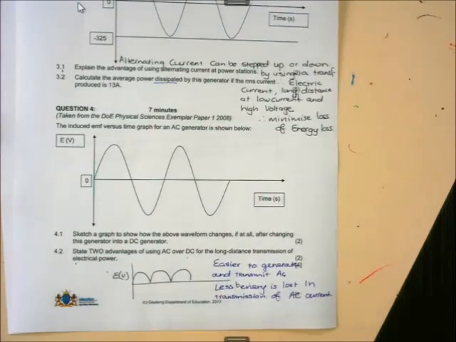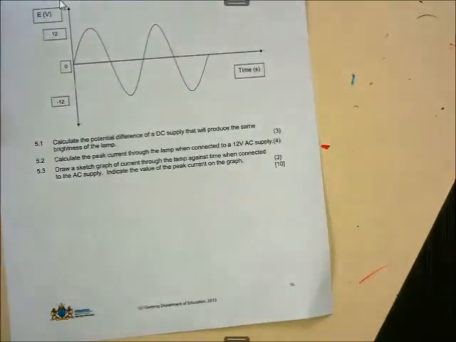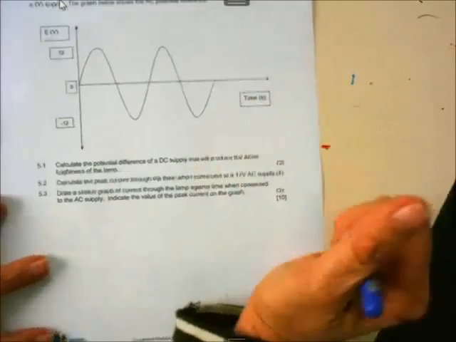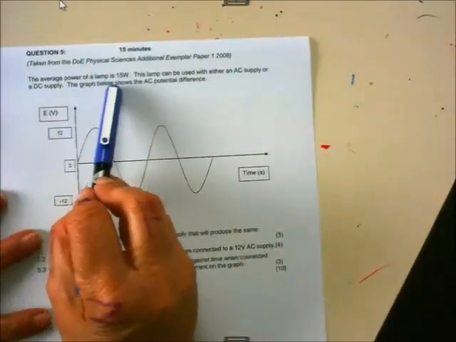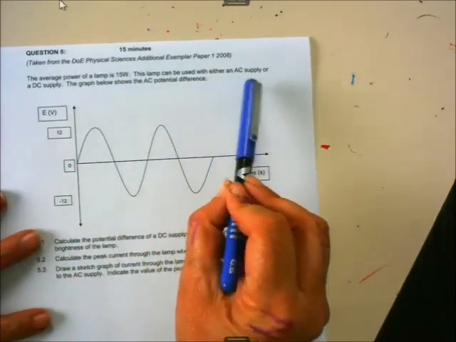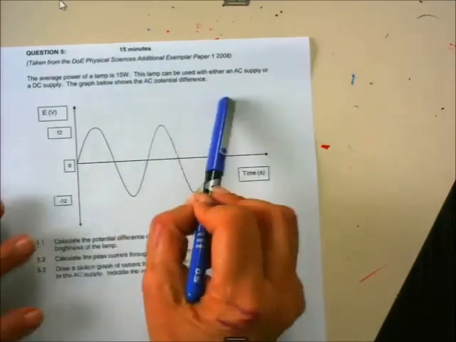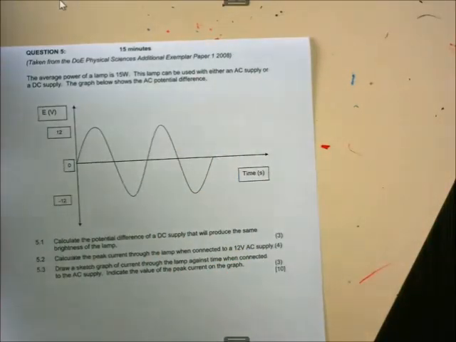Now let's carry on with question 5. The average power of a lamp is 15 watts. The lamp can be used with either an AC supply or a DC supply, and the graph is shown below.